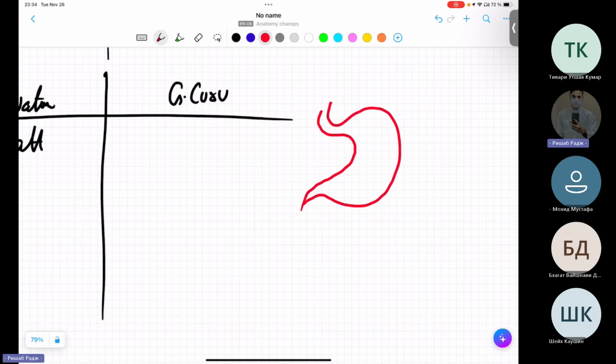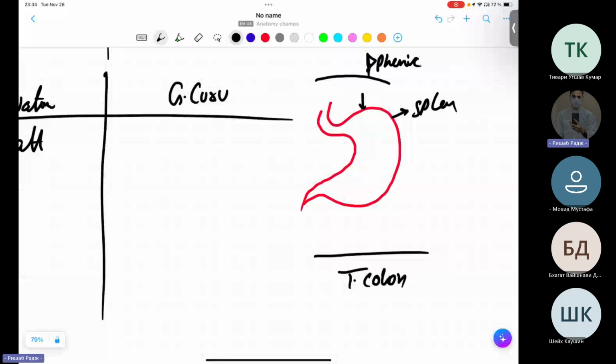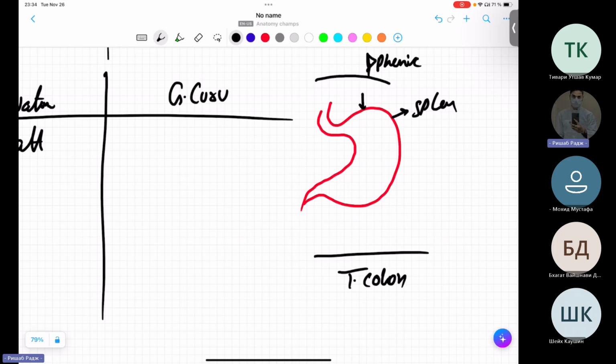So at the superior part, what do you have here? Phrenic muscle or the diaphragm, right? At this part, you have the spleen. And here you have the transverse colon. So the part of peritoneum which attaches the fundus part of your stomach and the phrenic muscle.